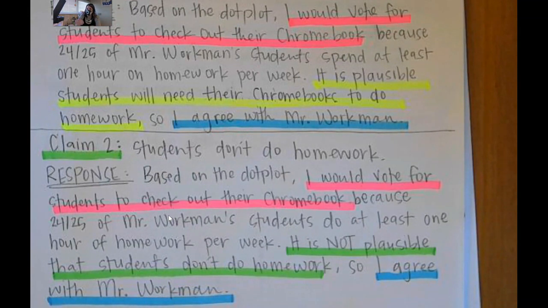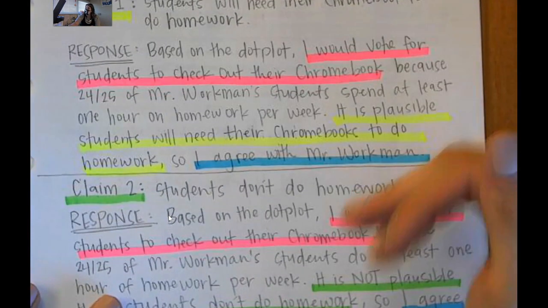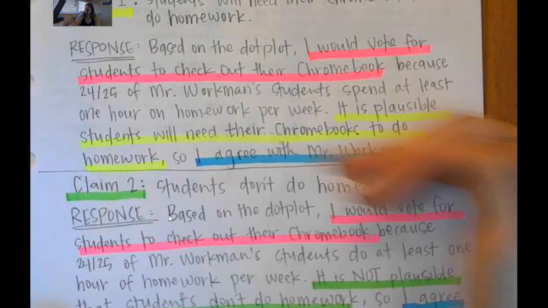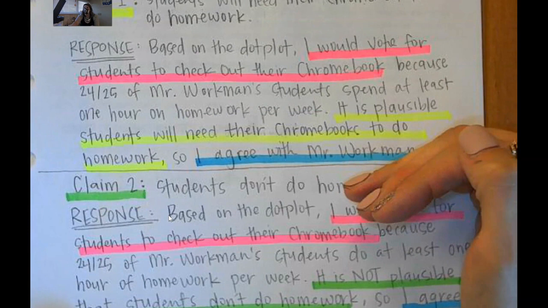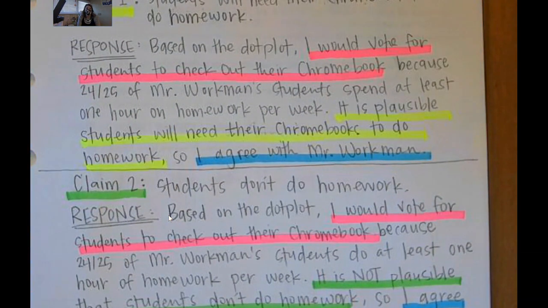It's like a combination of the first one and the second one. I do believe that would be fine as long as whatever claim you chose, that's what you use to make your plausible, not plausible statement. Does that help, Mia? Any other questions? We're okay?